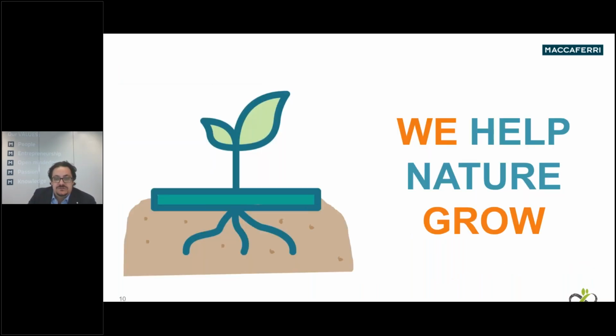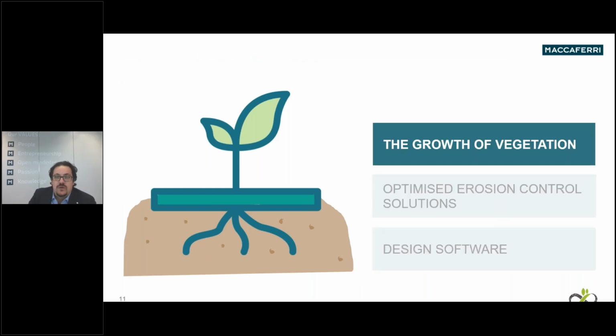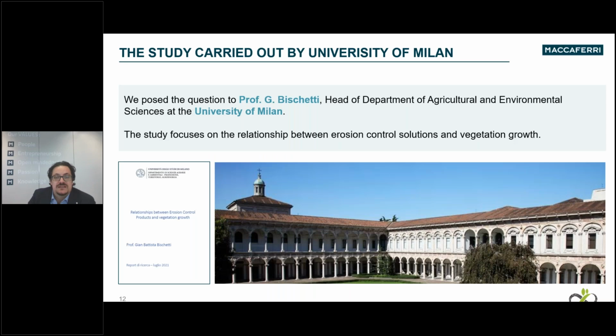We help nature to grow. The growth of vegetation, we know, is fundamental to prevent soil loss. So for this reason, we decided to focus a little on the requirements for erosion control solutions to enhance the possibility of vegetation to grow.